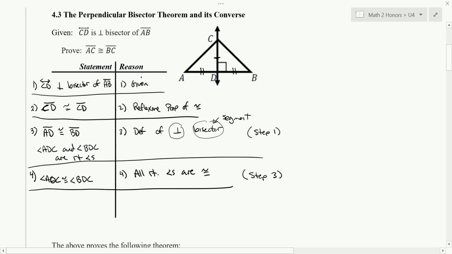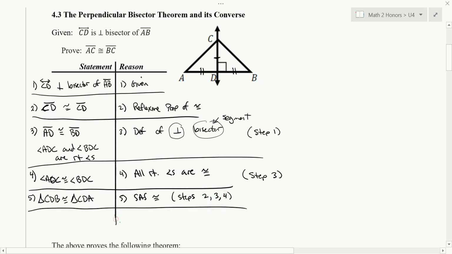I'm looking for someone that hasn't said anything yet. Yeah, Ty? Side angle side, congruence. Very good. Relying on steps. Which steps would do that? 2, 3, and 4. Nice. And anybody want to finish the proof off?